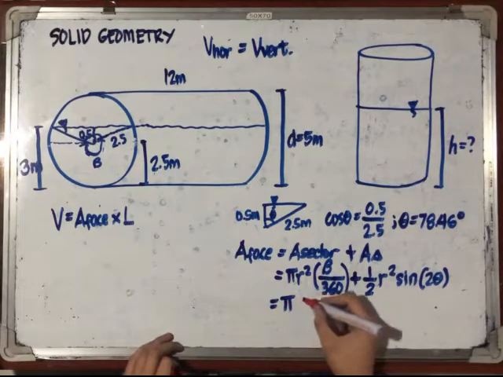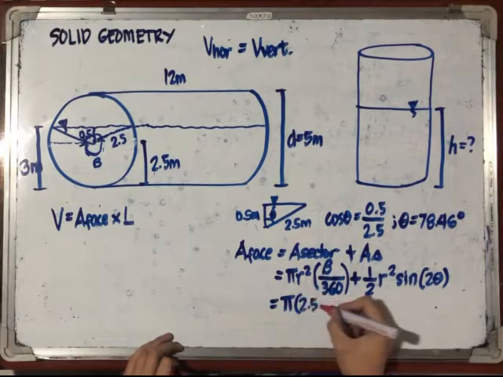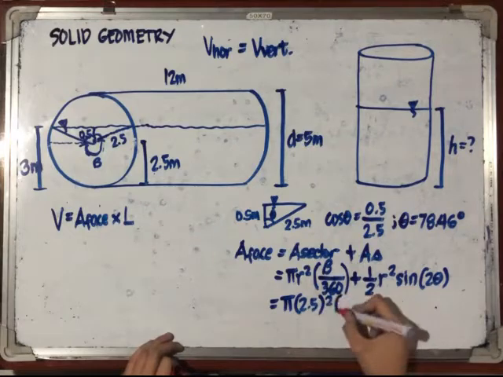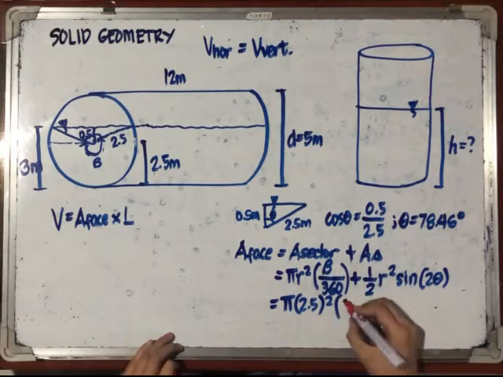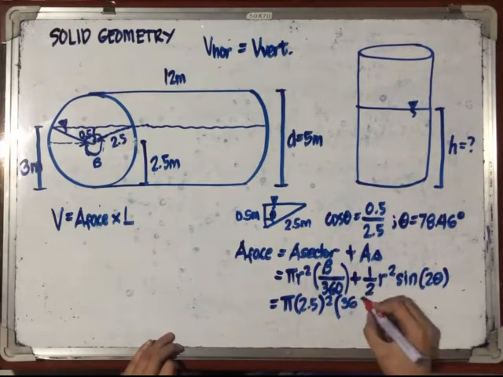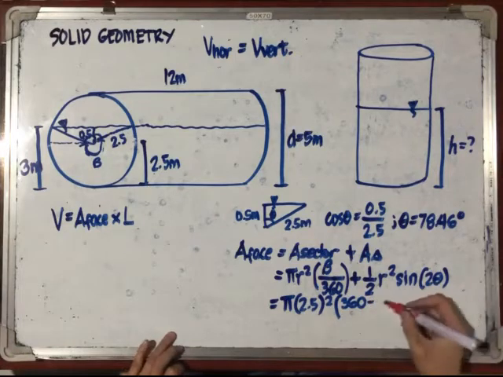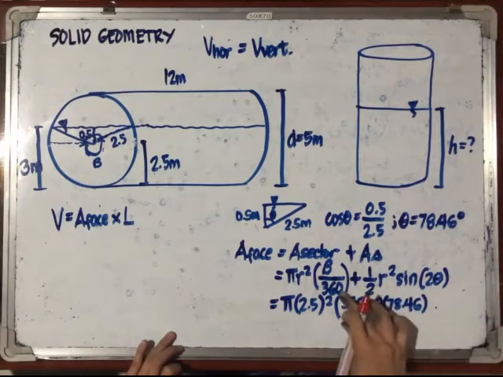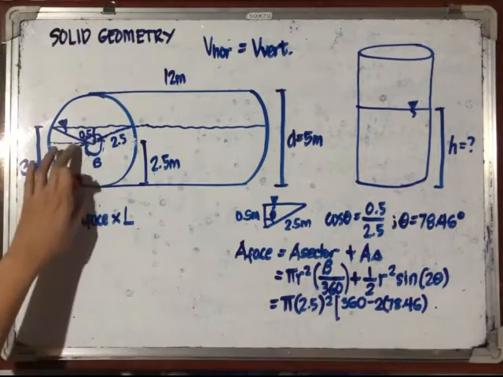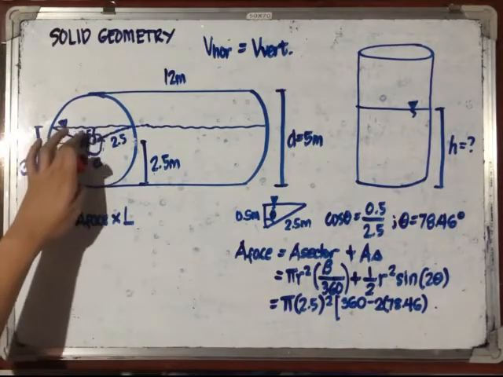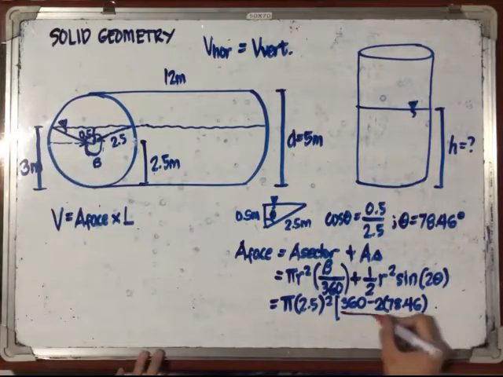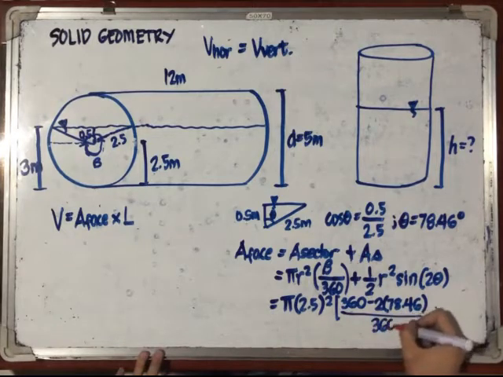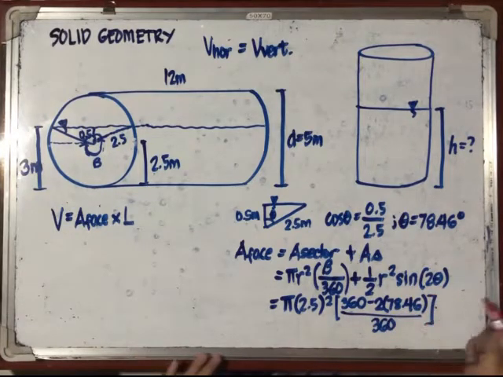That would be pi times 2.5 squared. Your angle beta is 360 minus 2 times 78.46. I hope you're getting that right. 360, yung buong bilog, minus dalawang 78.46, divided by 360 for proportioning.